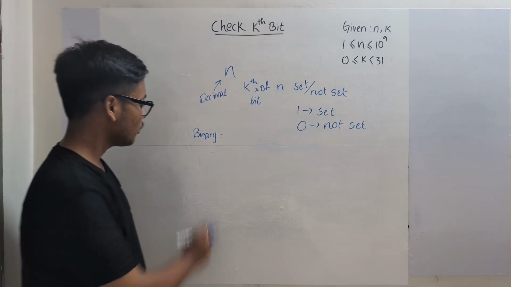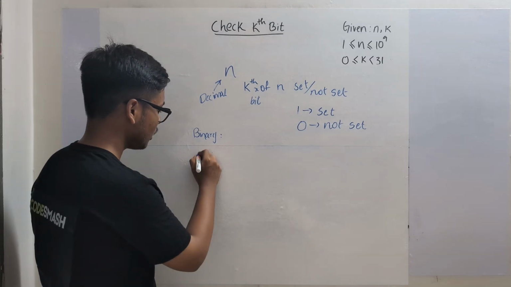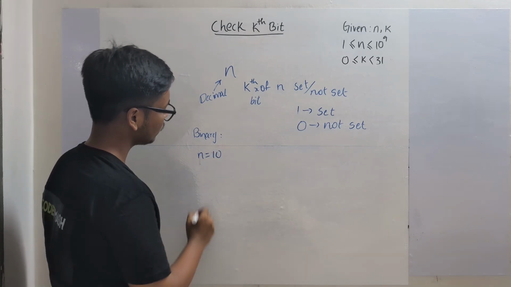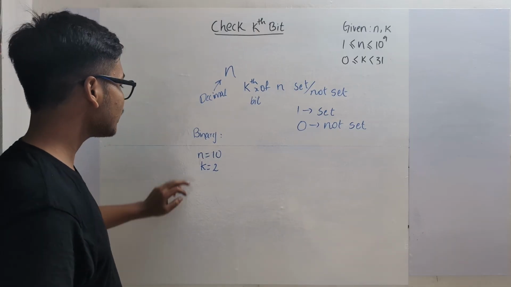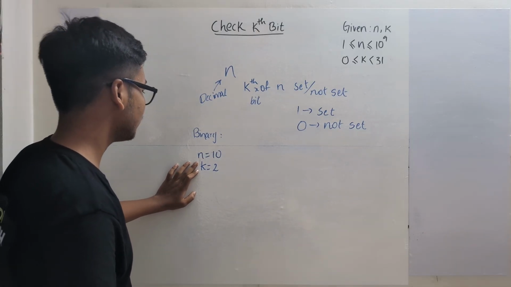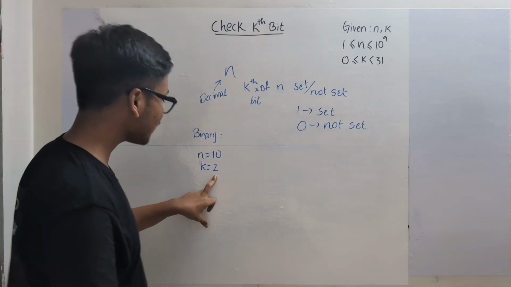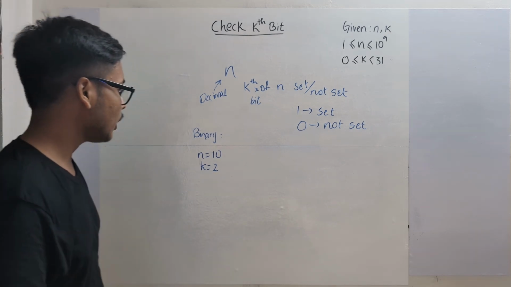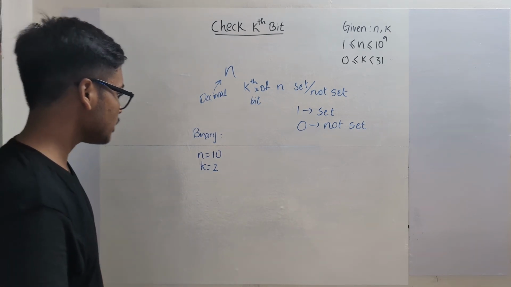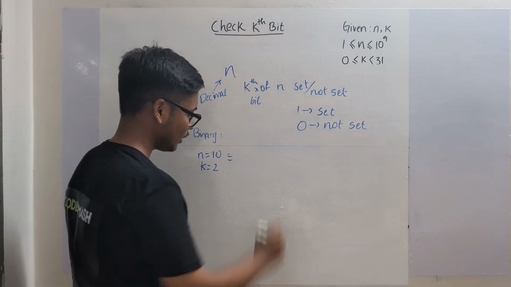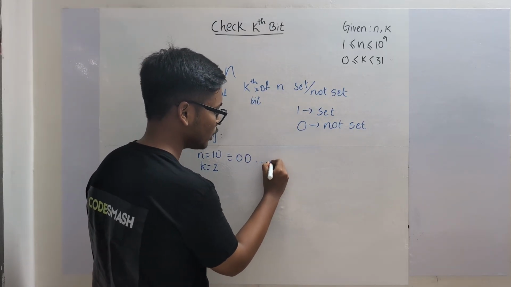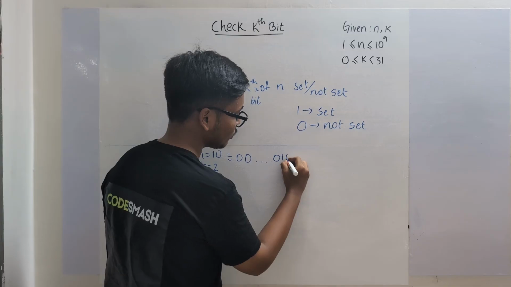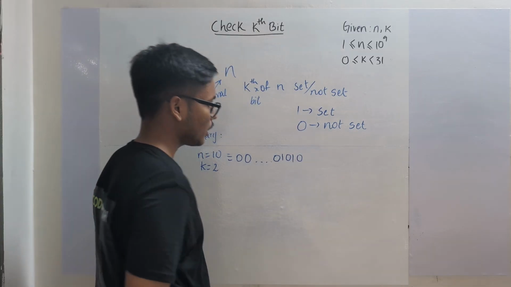Let's go through an example. If n equals 10 and k equals 2, it means we have to check whether the kth bit of n, the second bit of 10, is set or not. So first we will write 10 in its binary format, which is 0 0 and so on, 0 1 0 1 0.